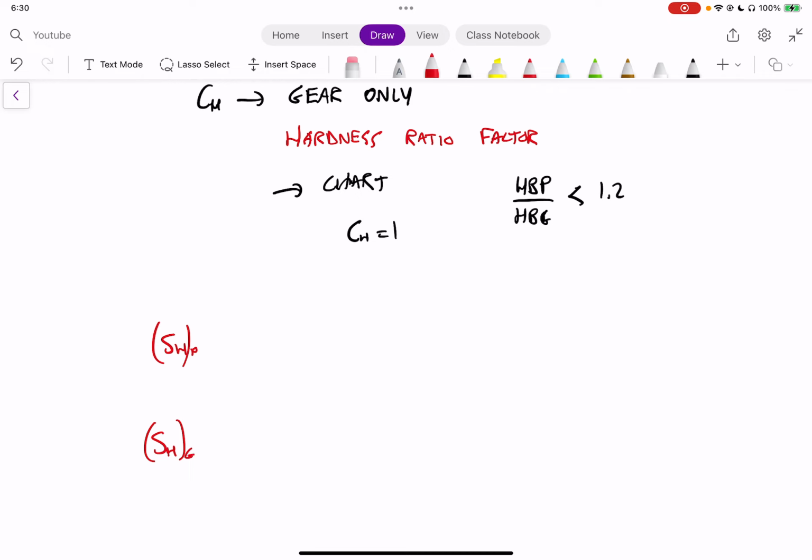So for the pinion, I'm going to write the equation out without the CH, even though CH is 1, so it doesn't really matter in this case because we have the same hardness for pinion and gear, but we're still going to not write it out because we clearly understand that it's not part of it. So we have 93,500 multiplied by 0.948, not multiplied by 1, and then divided by 1 times 0.832, sorry.